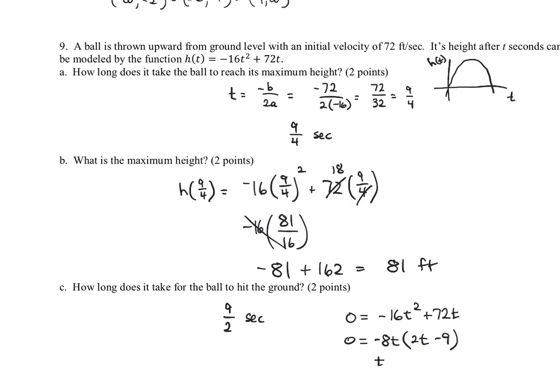So that gives us two values of time, t equals 0 and t equals 9/2. Well, obviously, at time t equals 0, the ball's on the ground because it starts there. And then at time t equals 9/2, way over here, it's on the ground again. So the answer, how long does it take for the ball to hit the ground, is 9/2 of a second.